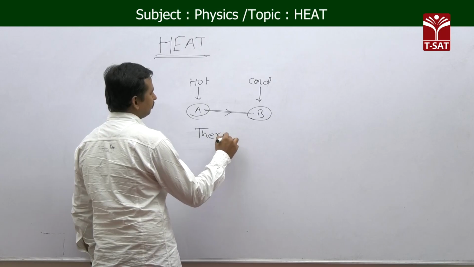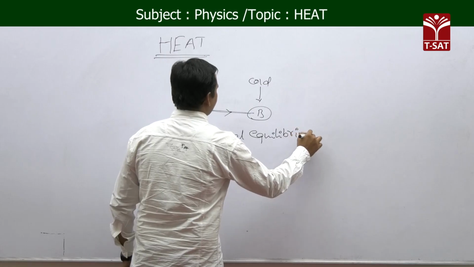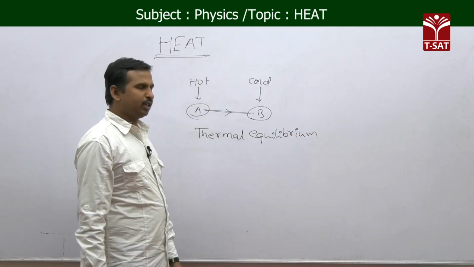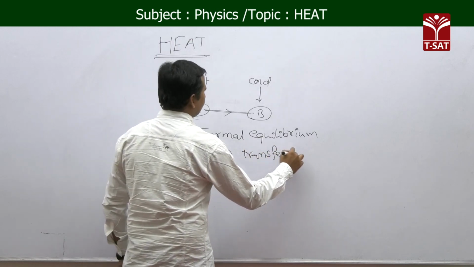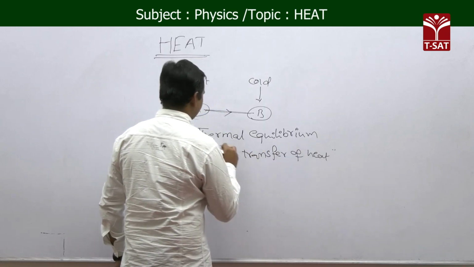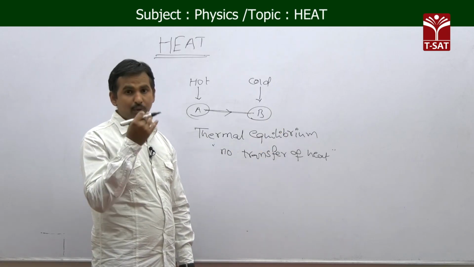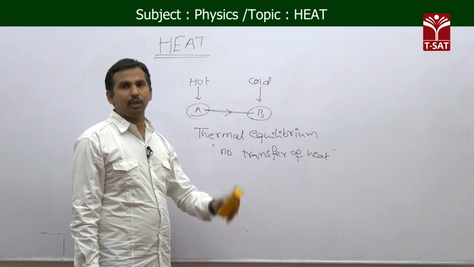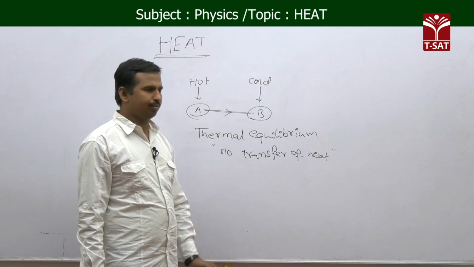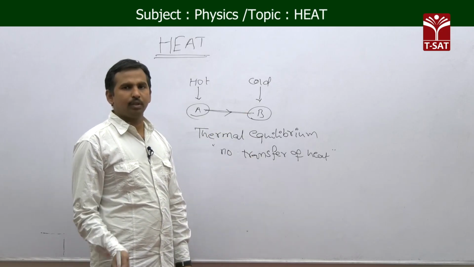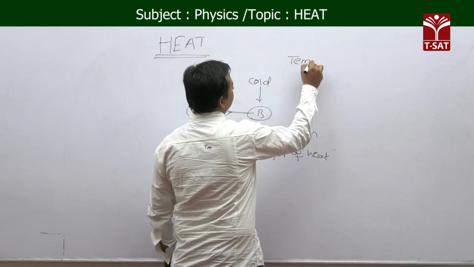Thermal equilibrium means no transfer of heat. In thermal equilibrium, where there is no further transfer of heat from one body to another, there is one physical quantity which remains the same in both bodies A and B. That we call temperature.